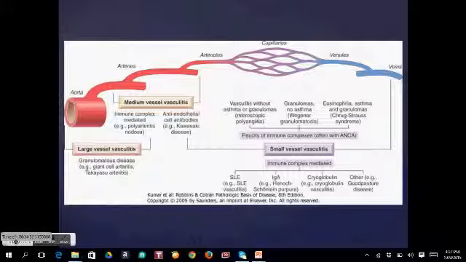The first one is your microscopic polyangiitis, where you get necrotizing vasculitis, but with no granuloma and no eosinophils.